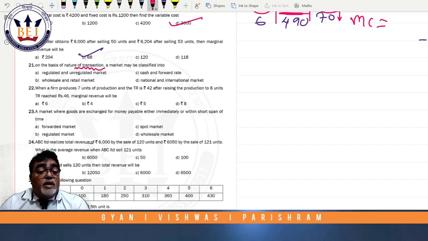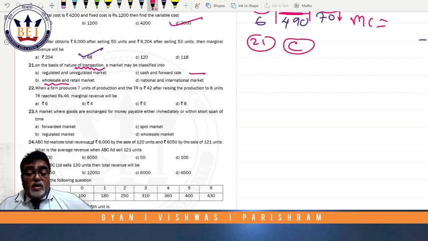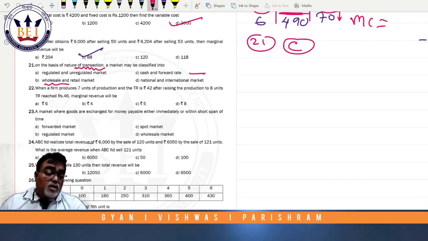So for 21, the transaction is cash and forward rate. Cash means spot; forward rate means the price is settled today, the transaction will be in the near future, and at that time one should comply with the stipulated price which is agreed upon.